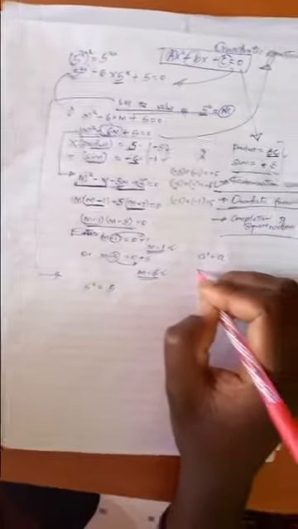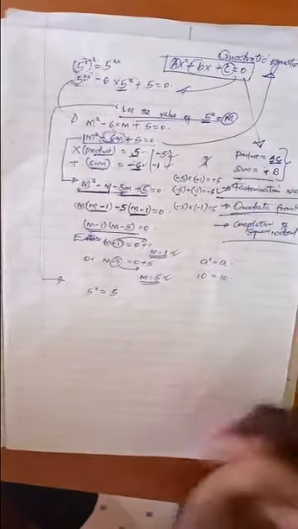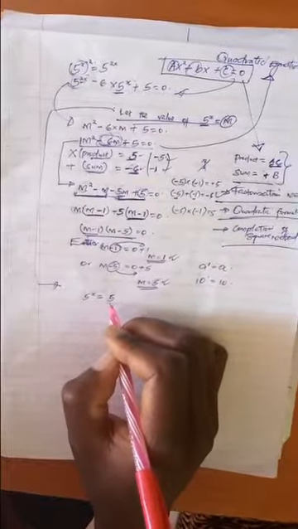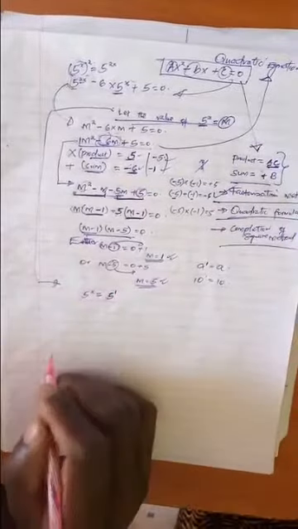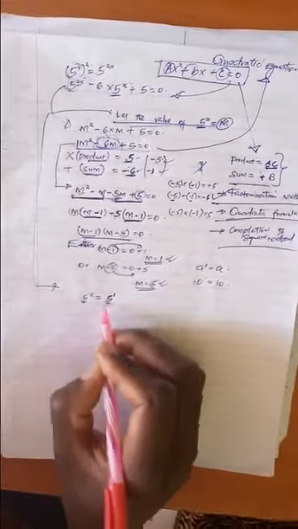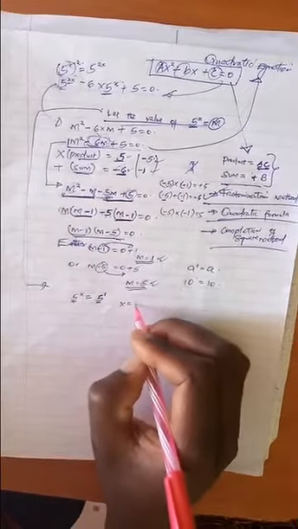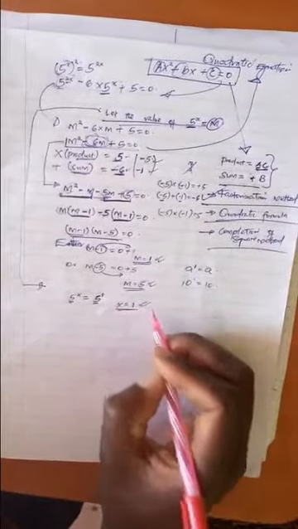An example is 10 to power 1, it's going to be 10. So you can write this value as 5 or 5 to power 1, such that if the bases are the same, you can equate the powers. So your first value of x is going to be 1. x is equal to 1.